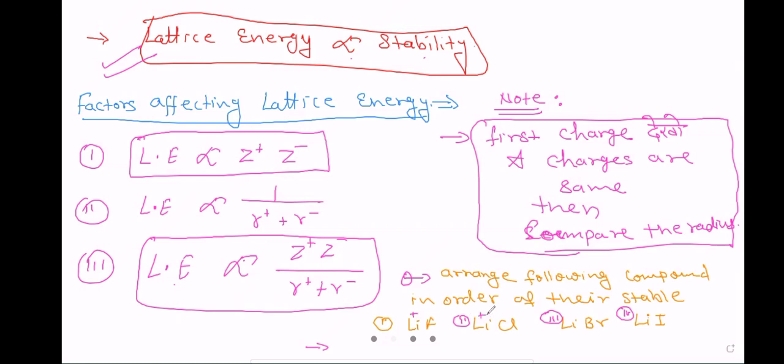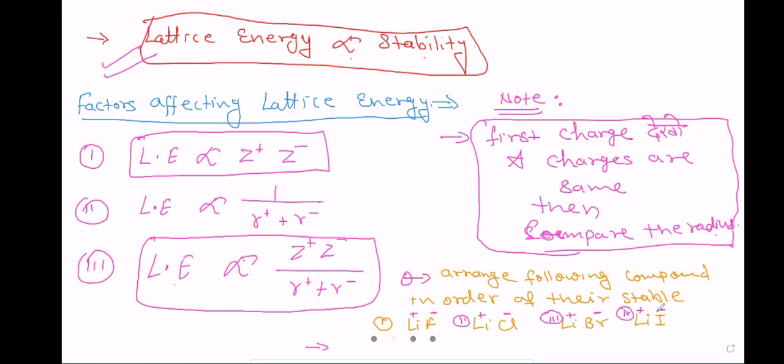Then you see the first charge. Li carries the positive charge, and F is one negative, Cl also one negative, Br also negative, and I also negative. So first we check the charges. If charges are the same, and all the compounds have the same charges, then we compare the radius.